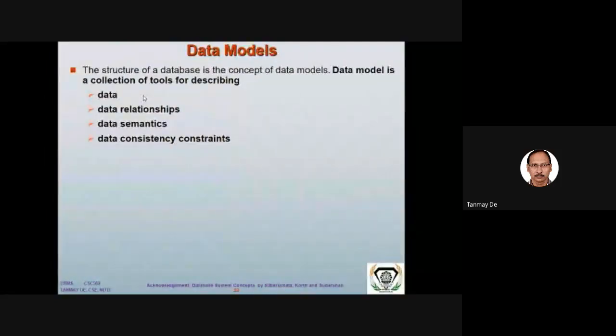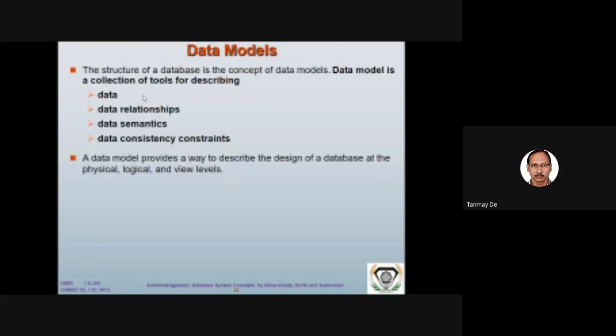A data model provides a way of describing the design of a database at the physical level, logical level, or conceptual level, as well as the view level. There are different data models. Of course, not all data models describe the physical, logical, and view levels.